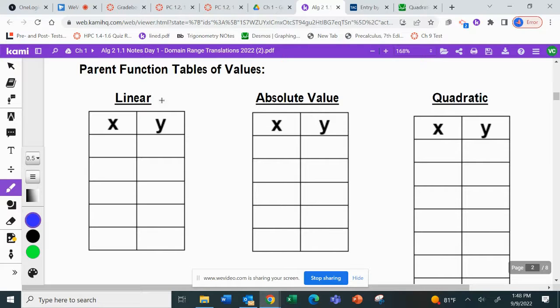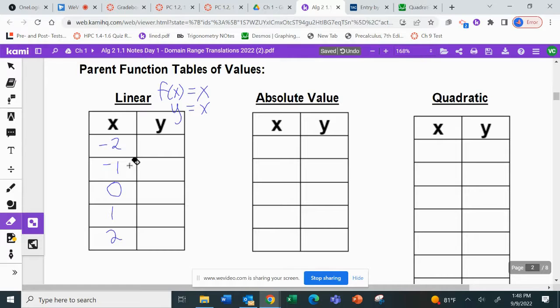So linear is f of x equals x, or you could say y equals x. The x's that we choose are a couple negatives, 0, and a couple positives. You should recognize these. They're the same ones we were doing when we did the TARP activity.